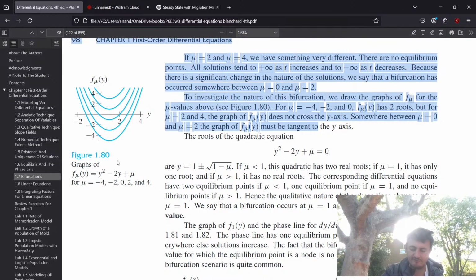You get 2 plus or minus the square root of 4 minus 4 times 1 times minus mu. Oh, it's plus mu. Over 2a.